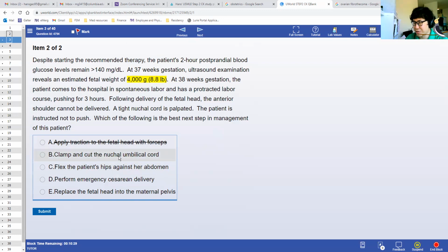I guess you could do this. Flex the patient's hips against her abdomen. I believe this is some special maneuver that you can do to free the shoulder. I don't know how it specifically applies to a tight nuchal cord. Emergency C-section. No, I feel like there are better options. There are better ways for us to manage it.